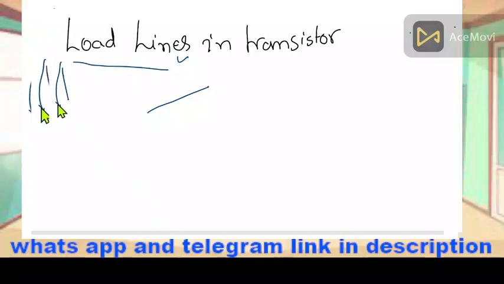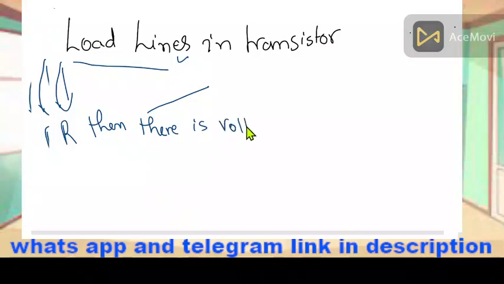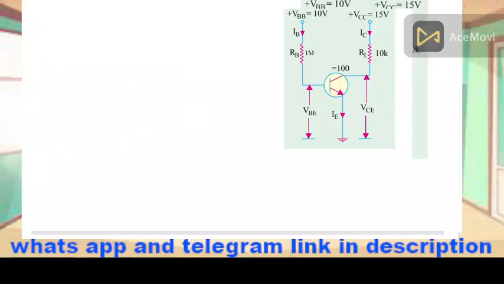Whenever you have a resistance R, there is a voltage drop and current, and we want to see the variation in these quantities. Load lines are very important in transistor or semiconductor analysis, so let us start our discussion to understand what a load line is.